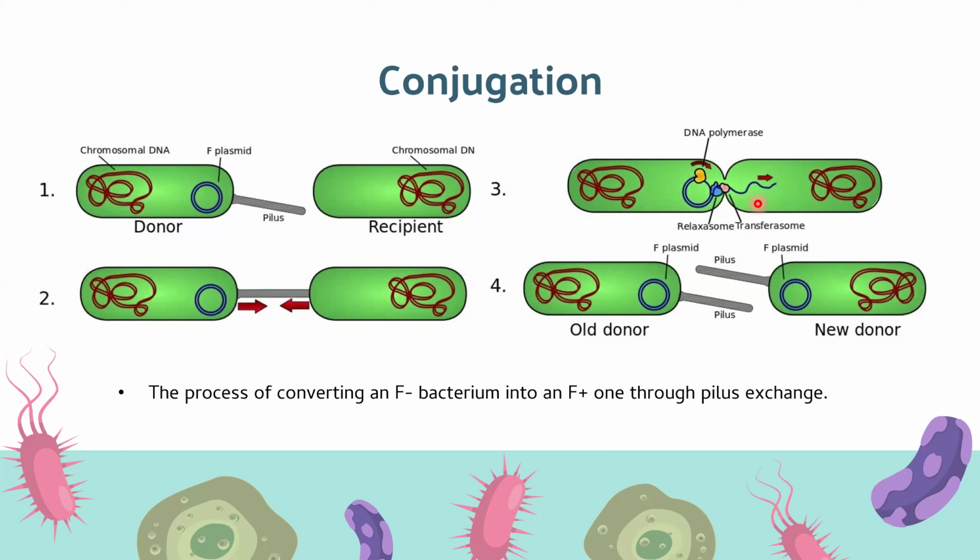It's going to create a mating bridge and replicate its plasmid DNA, this conjugative F plasmid, into the recipient such that they now both have an F plasmid. They are both F positive and they can both code for a sex pilus. Now, this new donor, which was our recipient, can go along and do the exact same process again.